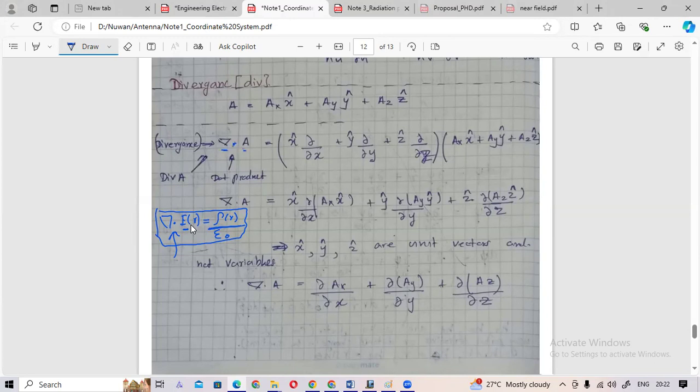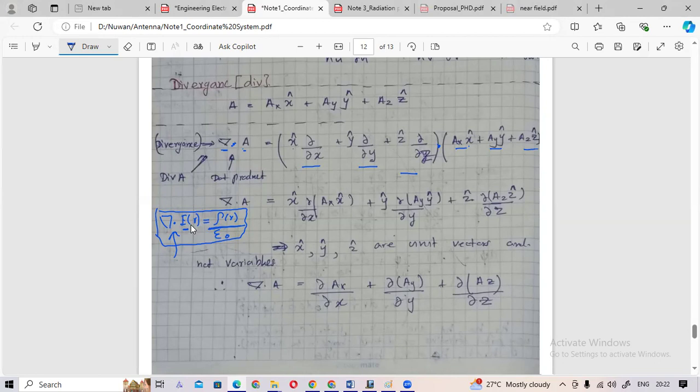Dot product. So this is the divergence, and we need to get the dot product with the vector. This is the vector. So you know that if x hat is multiplied by x hat, it will be 1.